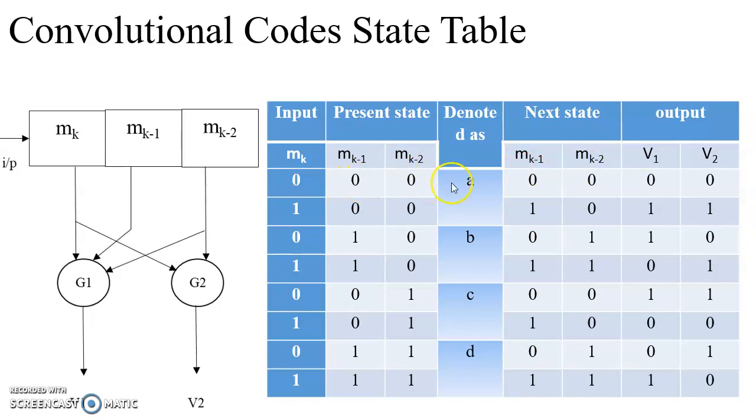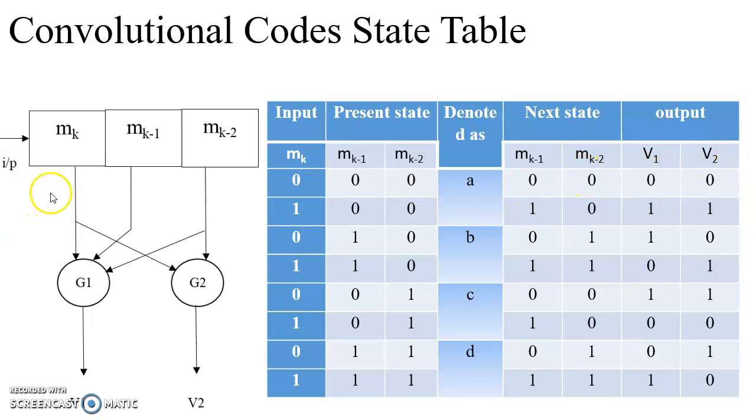We have 4 states denoted as A, B, C, D. 0 0 is denoted as A, 1 0 is denoted as B, 0 1 is denoted as C and 1 1 is denoted as D. For each state, the input 0 and 1 combination is taken. Now we have to find the next state and the output.